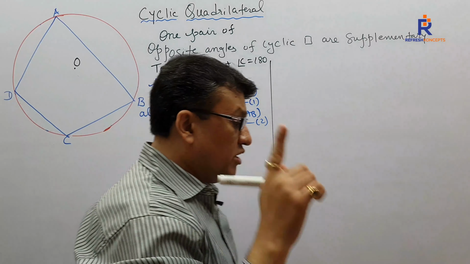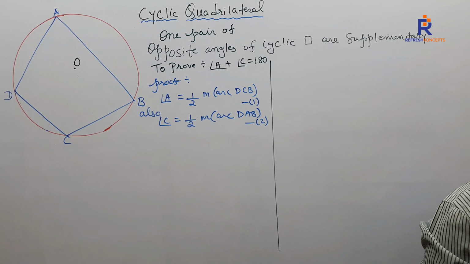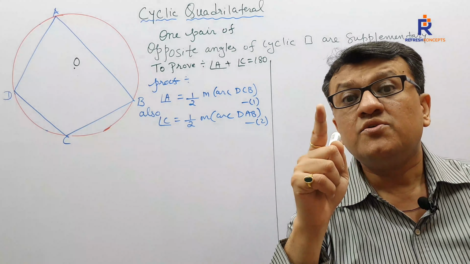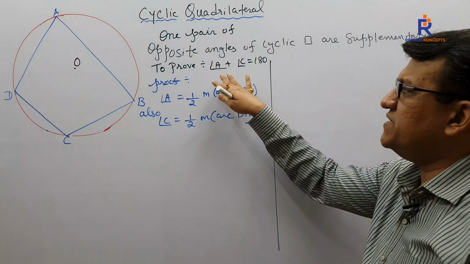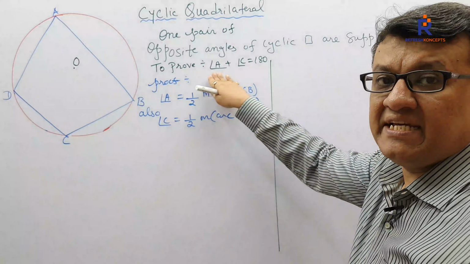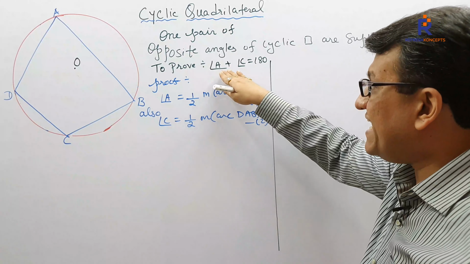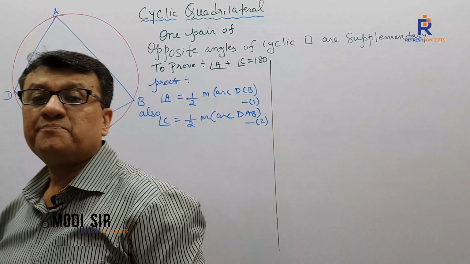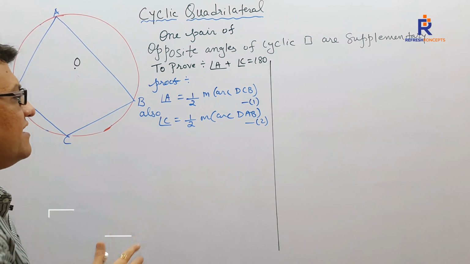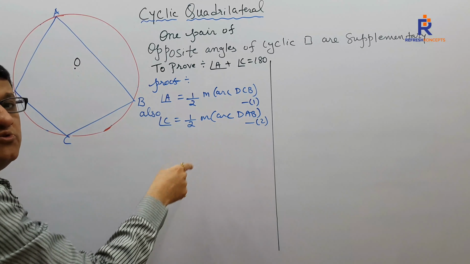Now, as in the previous slide, always ask the question: what do you want? The question says I want A plus C. That tells me I need to go for the addition of 1 and 2. Why?